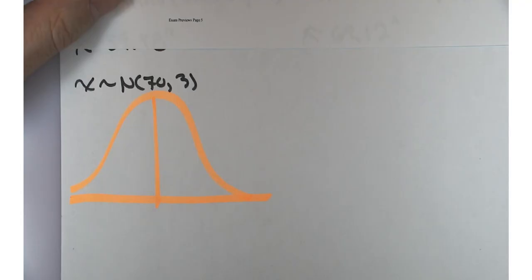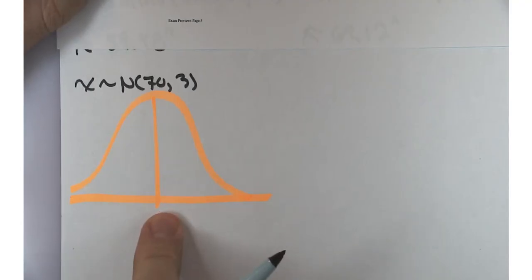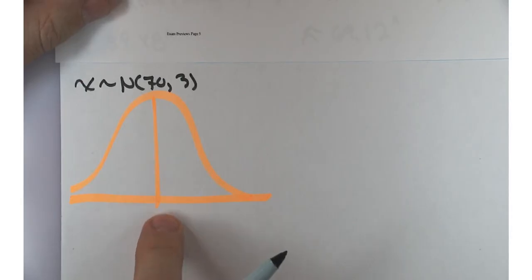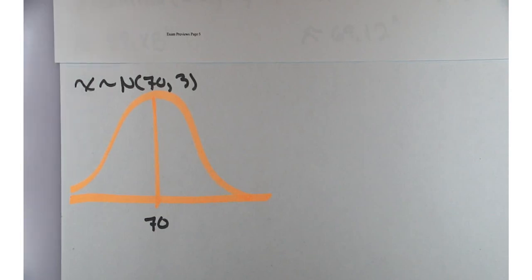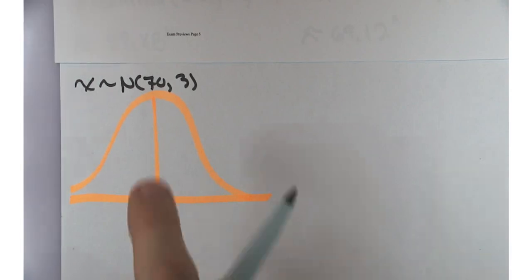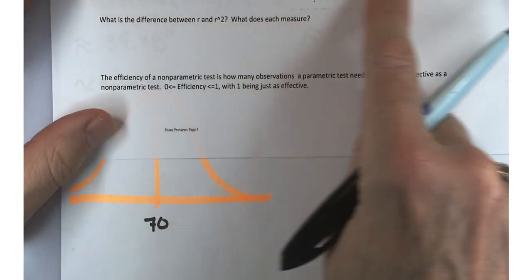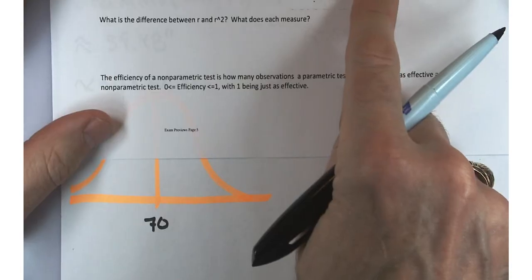Ryan, what should I put down here? What number? Yeah, 70, because that's the mean. It says heights of men are normally distributed with a mean of 70 and a standard deviation of 3. If a male passenger is randomly selected, find the probability that he can fit through the door without bending.